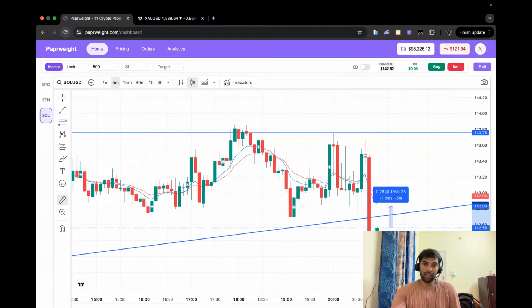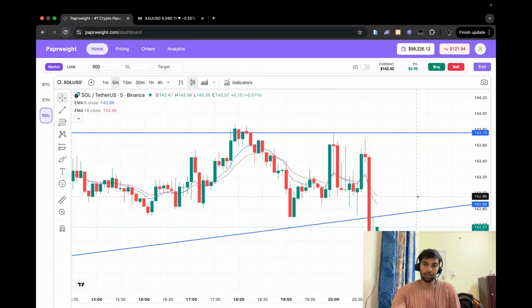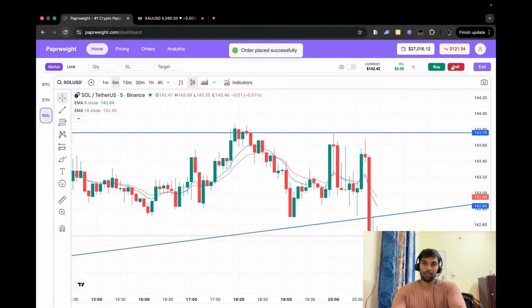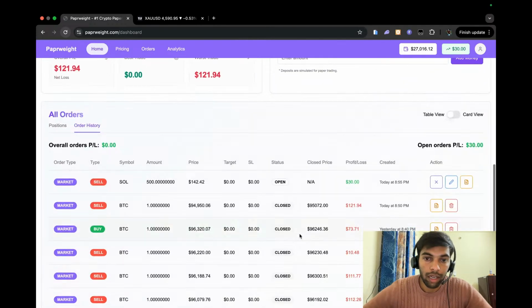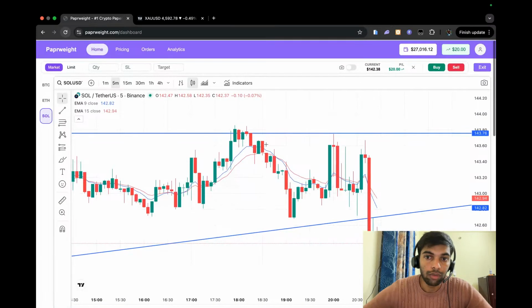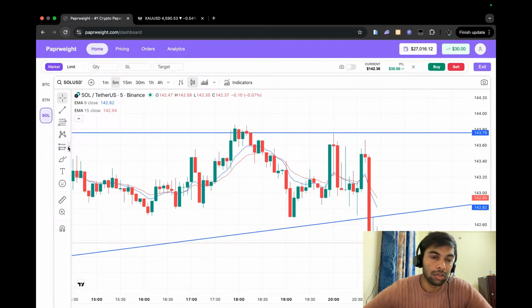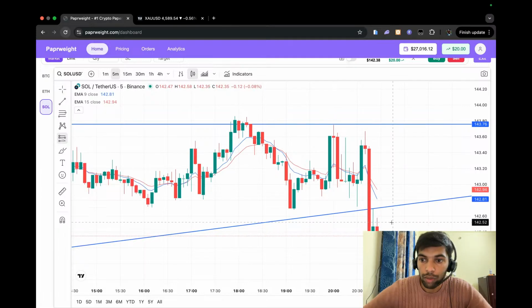Next trade that I will take in Solana. So I sold, how much Solana did I sell? I sold around 500 Solana at 142.42, a 142.42 short position, somewhere here.